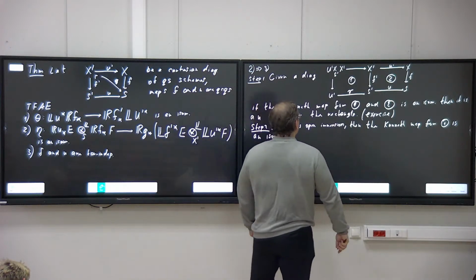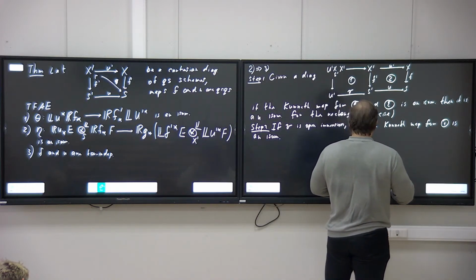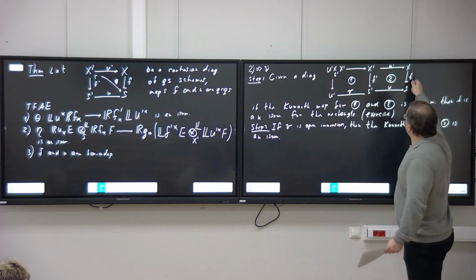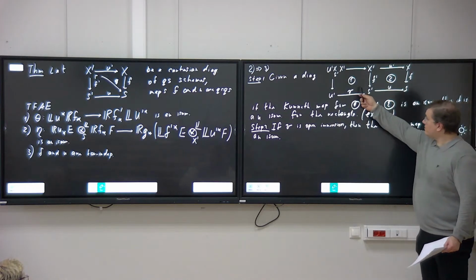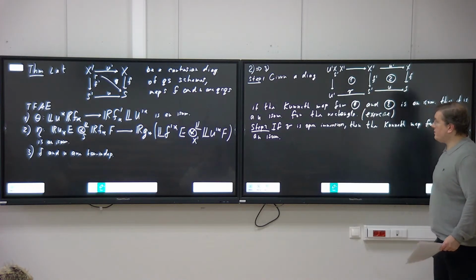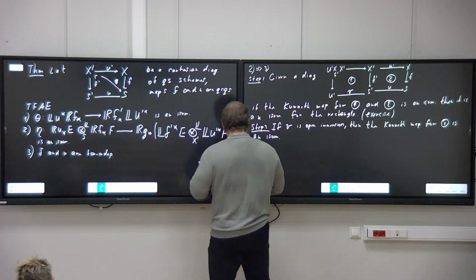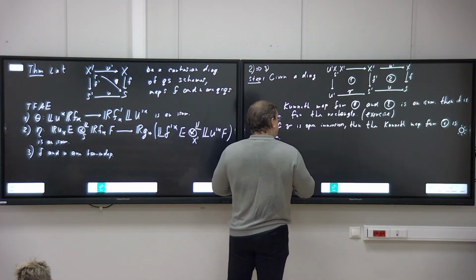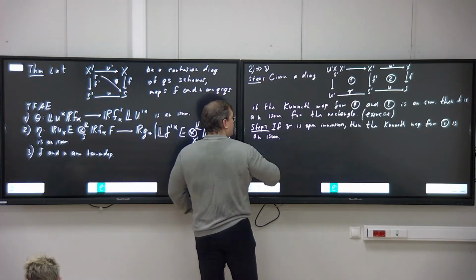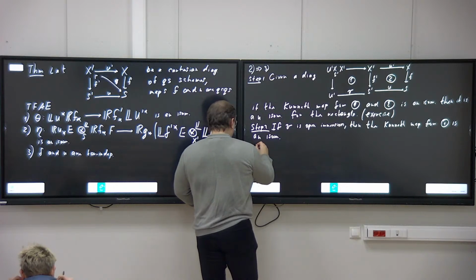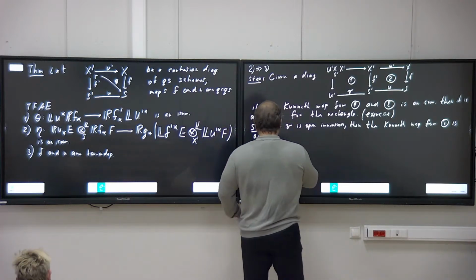Right, so this is what we need to show. As the assumption, we have 2, right? So it is given that for this diagram the unit map is an isomorphism. We're going to check by straightforward computation that this is an isomorphism for diagram 1. So this then will be the isomorphism for the rectangle. So we already know by the lemma that we proved a week ago that for open immersion, I don't want to repeat the condition, but the fact that this is an open immersion implies, first of all, that the push forward by this map v is a conservative functor.